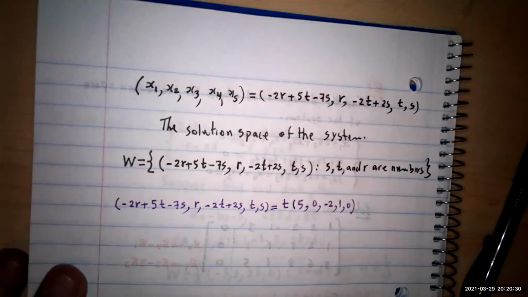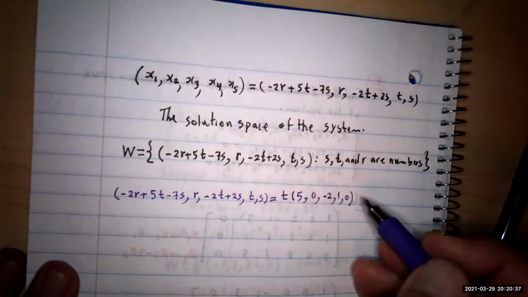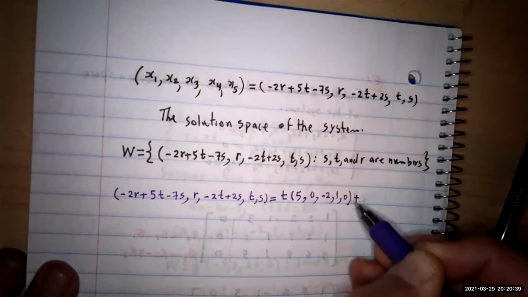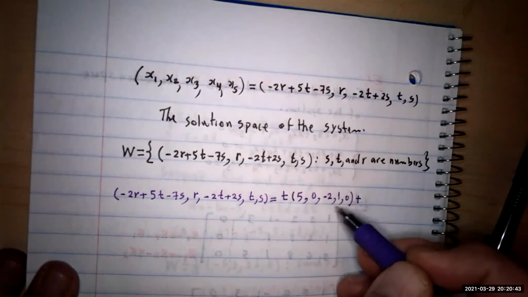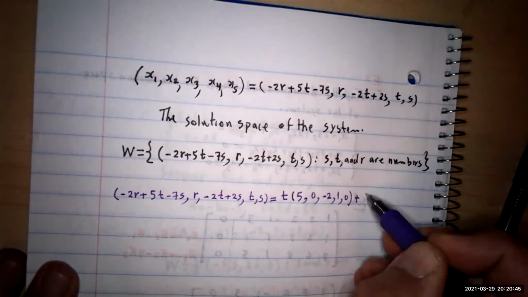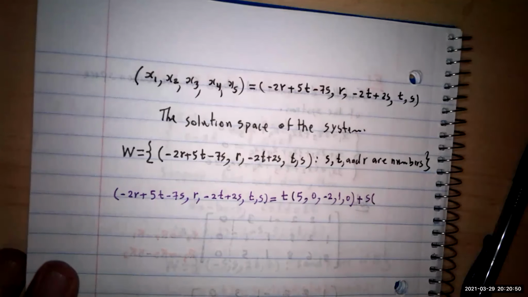So that gives you t times this vector. You see, this is one of those basic vectors. Then you continue with the other free scalars that you have. If you want to pull out the s, you are interested in the s, so replace the s by 1, everything else by 0.